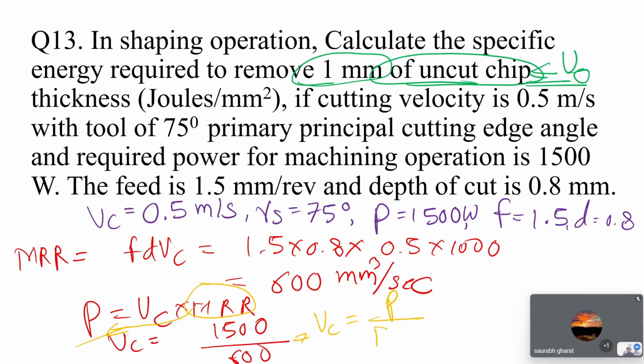Power by MRR. Okay, and what is it? It's calculated 2.5 joule per millimeter cube. Okay, your UC you got.